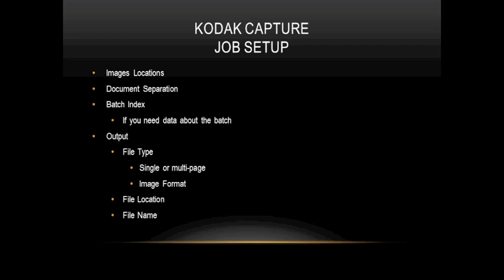So we'll have a root path, and then we'll have possibly another subdirectory that we go to based on what the documents are for this particular job. And are we going to have a particular file naming convention? You can get quite creative with that, and so that's what we're going to look at today.